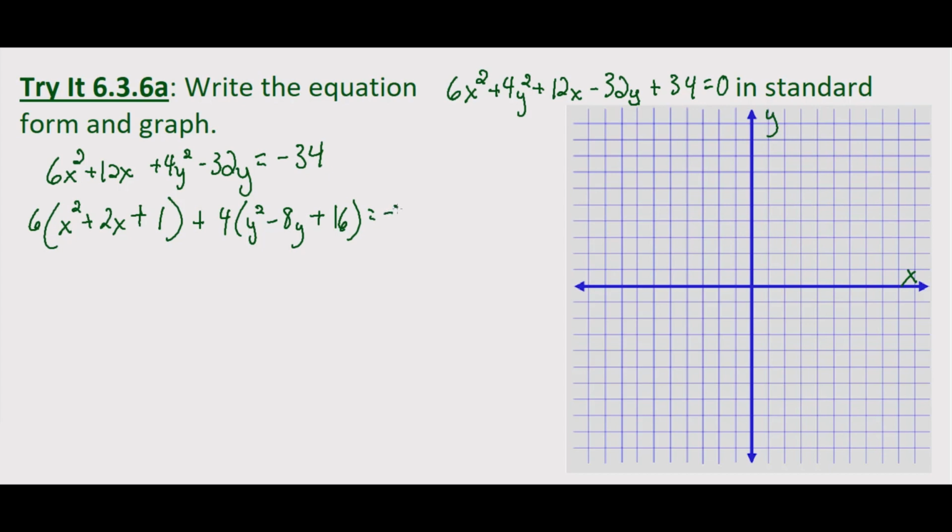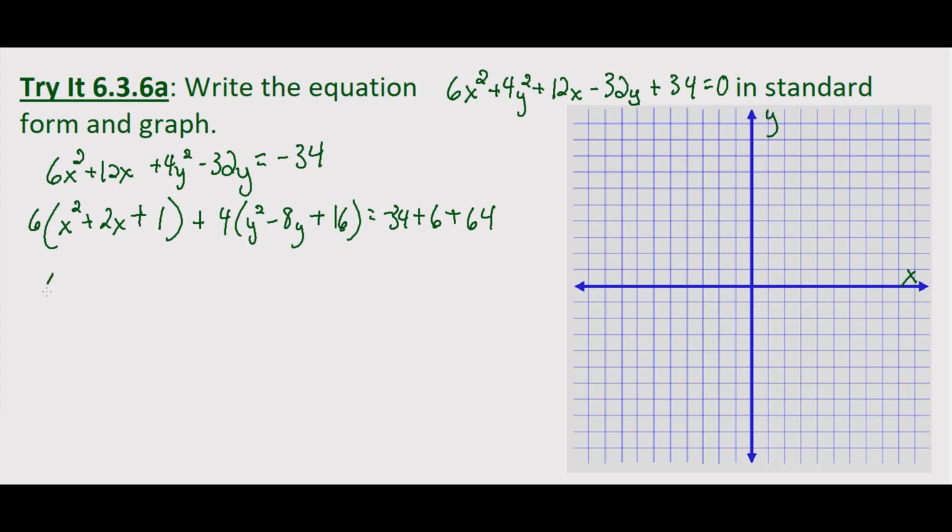Equals, now we have our negative 34. Now what did we add to our x terms? 6 times 1 is 6, so we're adding 6 on the left side. We have to add 6 on the right side of the equation. And then 4 times 16 is 64. So we're adding 64 to the left-hand side of the equation. We add 64 to the right-hand side.